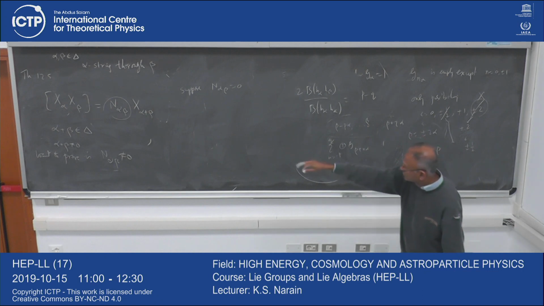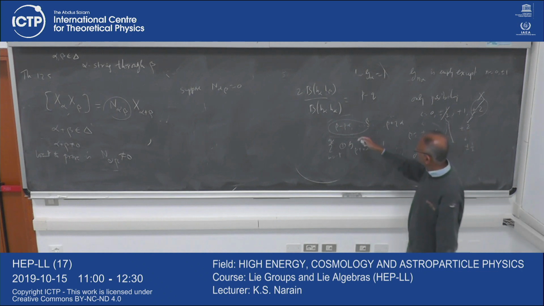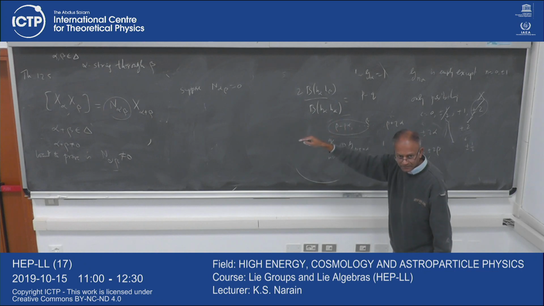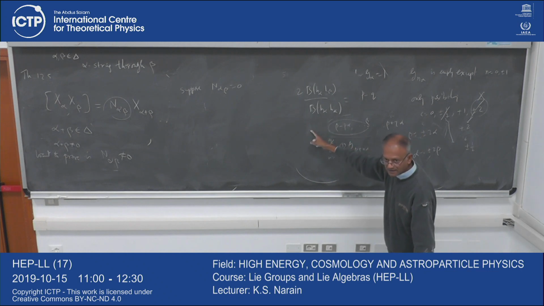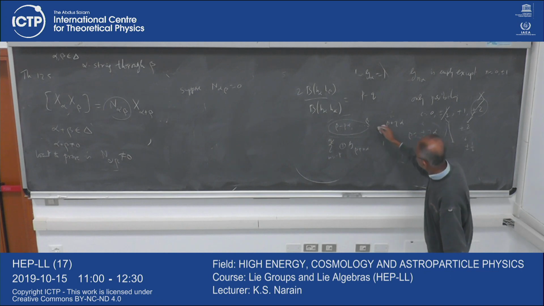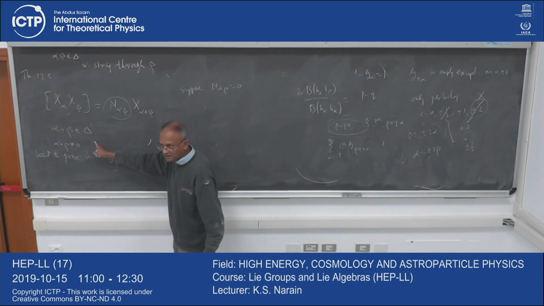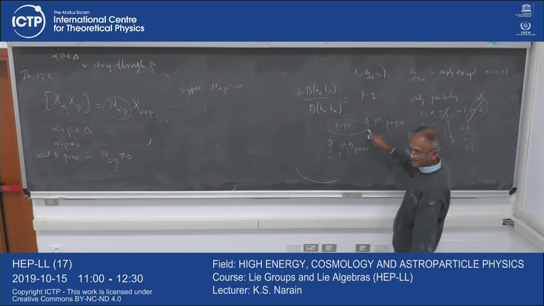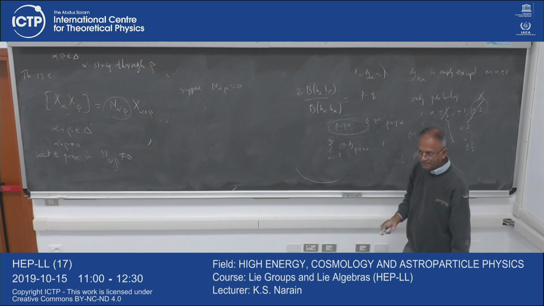X minus alpha pushes you one step at a time to the left, and anyway annihilates it because no root exists on that side. On the other side, even though beta plus alpha does exist as a root, if that commutator is 0, then x alpha annihilates it. So I can consider a smaller space in which I take the trace.